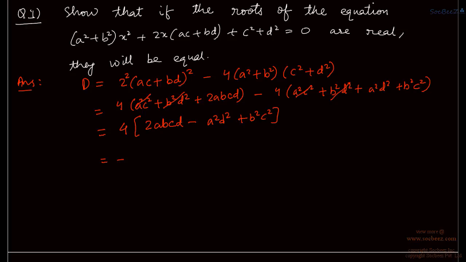Let's take the negative sign outside. Oh, I'm sorry, here this should be negative. Watch out for these kind of mistakes. So don't write plus here, it should be negative.